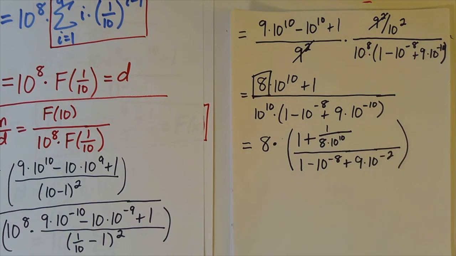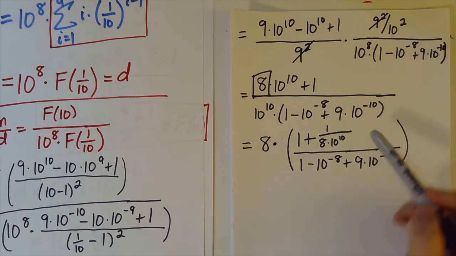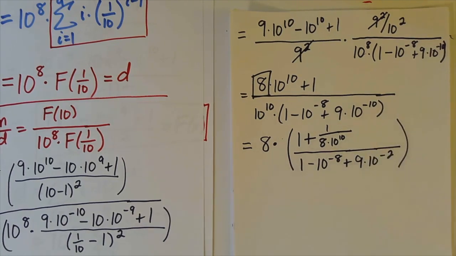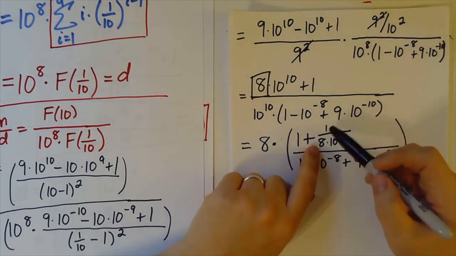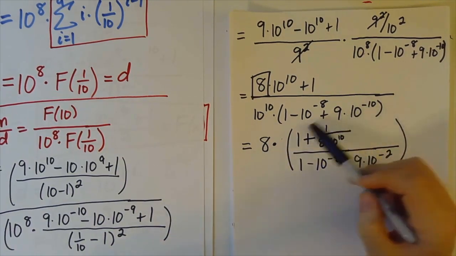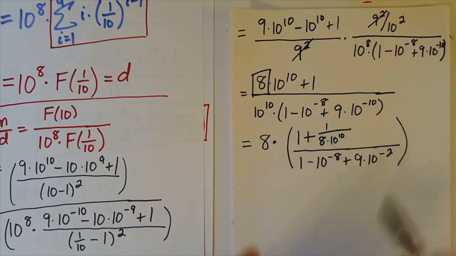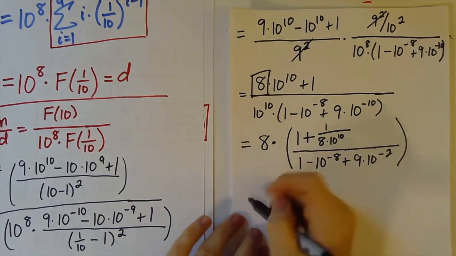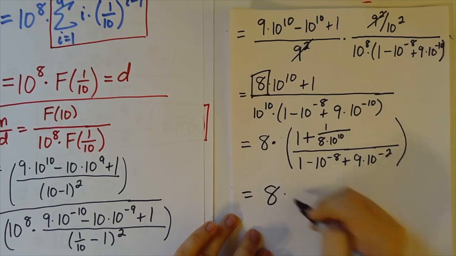Now, what I want you to notice here is how close the numerator and denominator of this fraction are to 0. Or sorry, are to 1. Because this number, this is 1/8 of 10 to the minus 10th. So this number, if I were to write it out in the numerator, this is going to be 8 times.